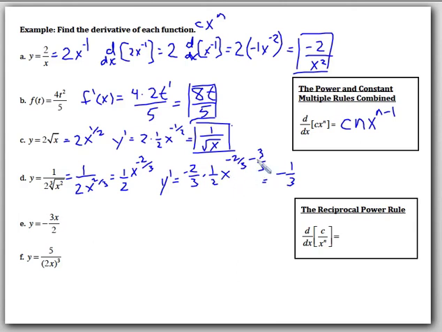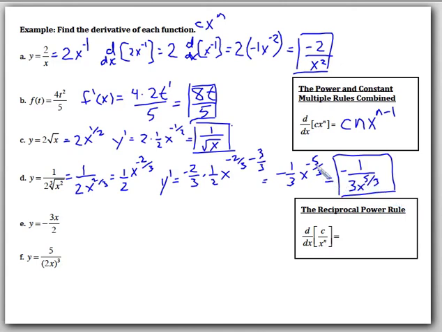And then negative 2/3 minus 3/3 is negative 5/3, so x to the negative 5/3. And then we don't want the negative exponent, so we're going to have negative 1 over 3x to the 5/3. And we will leave it just like this.